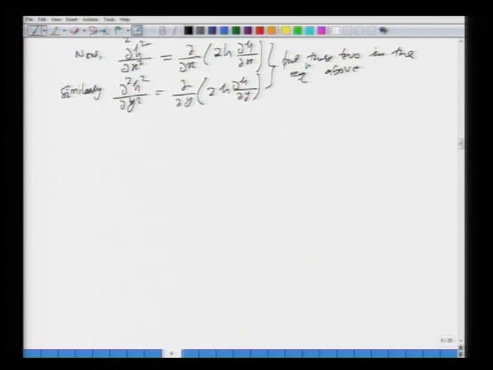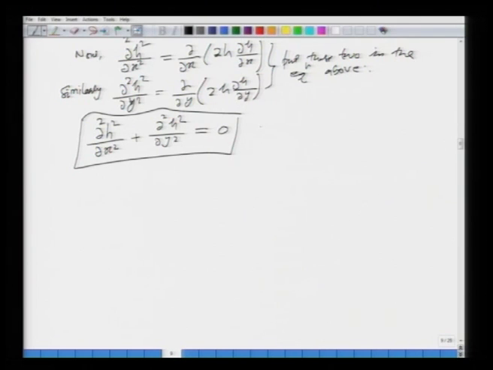Okay. Once we do that and simplify, what we are going to get is this. Okay. Or in the short form I can write this as del 2 h 2 is equal to 0.